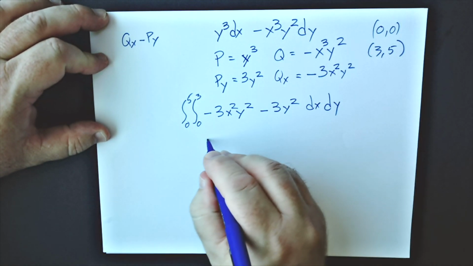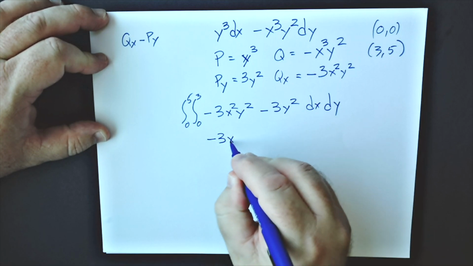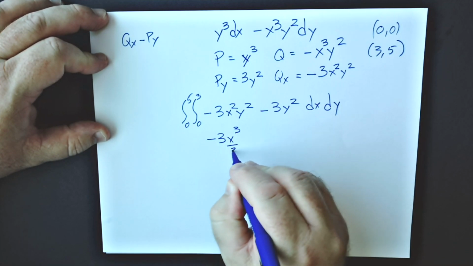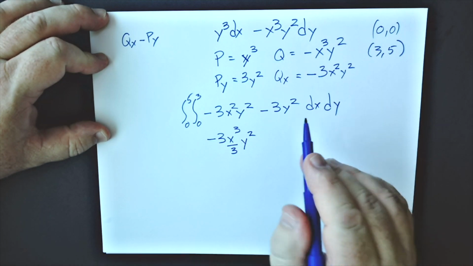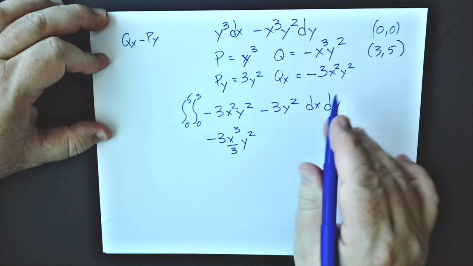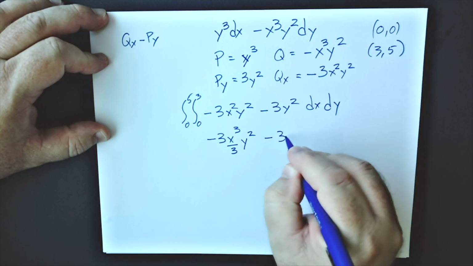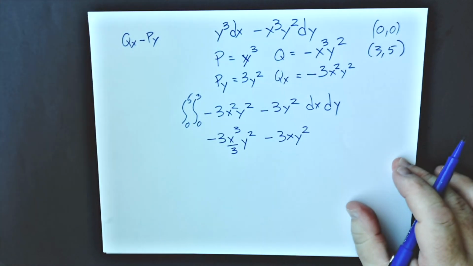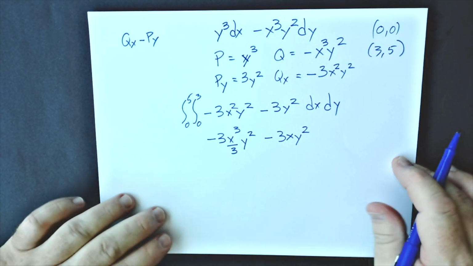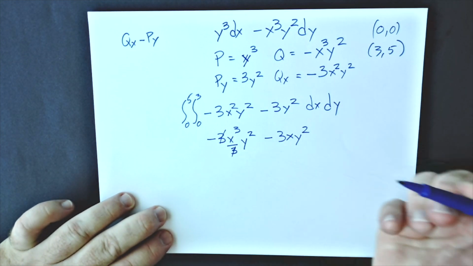Wouldn't that be negative 3x cubed over 3 times y squared, because the y doesn't do anything. And this, with respect to x, doesn't that just become negative 3x y squared, because we treat that as a coefficient, right? Well, notice here the 3's can cancel.